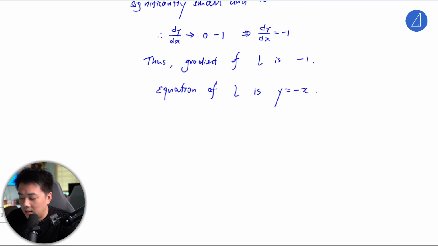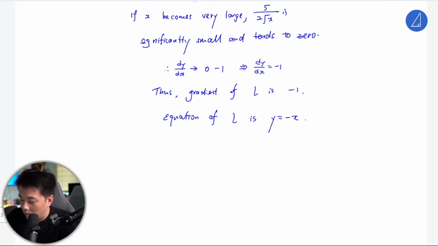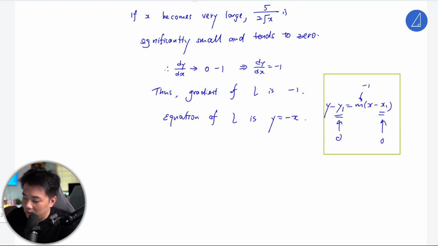Okay, so it's actually just y minus y1 equals m times (x minus x1), but because L passes through 0, so this is 0, this is 0, and this is -1. L passes through 0, right? 0 and 0, then this gradient is -1 because we just found it out just now.